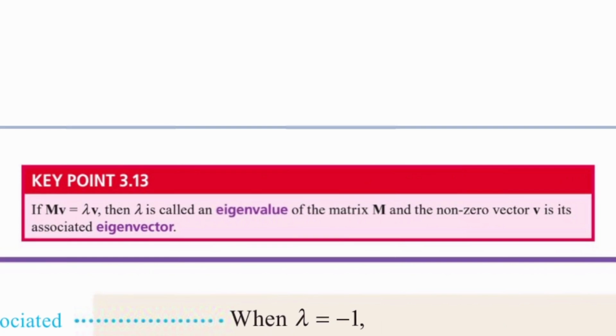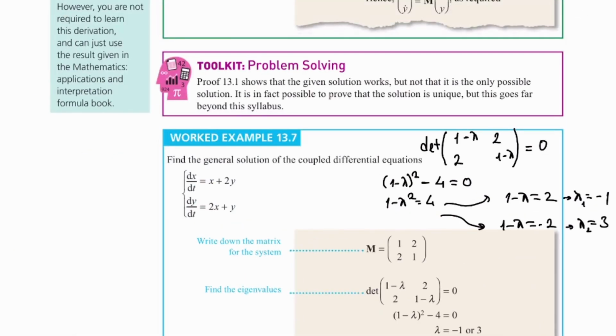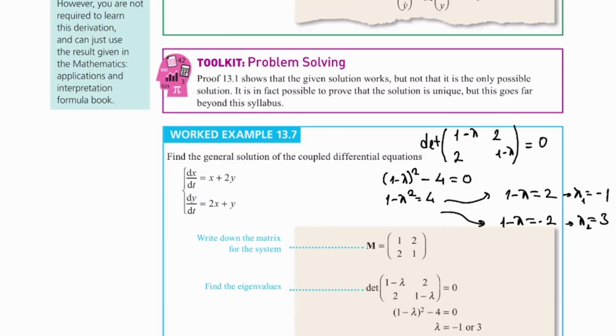This is our formula: M is the coefficient matrix, V is the eigenvector, and lambda is the eigenvalue. So you just need to use this formula to find eigenvectors.